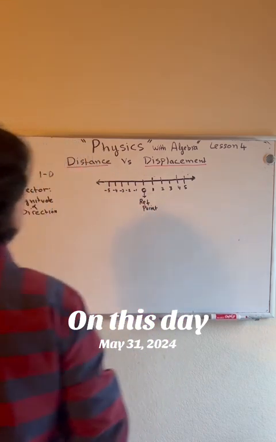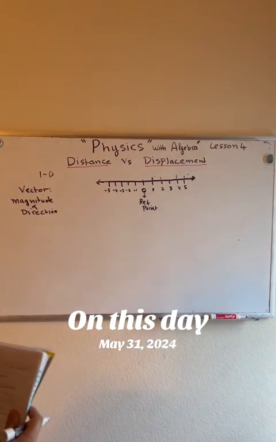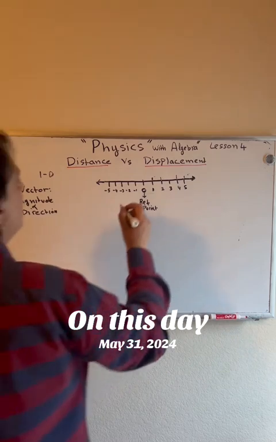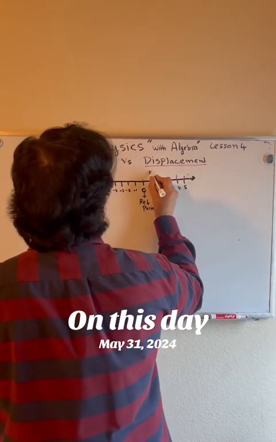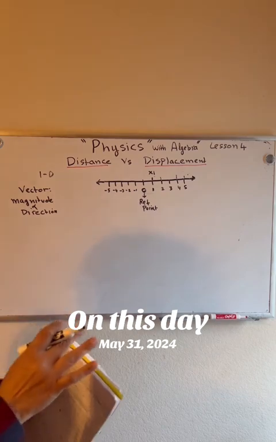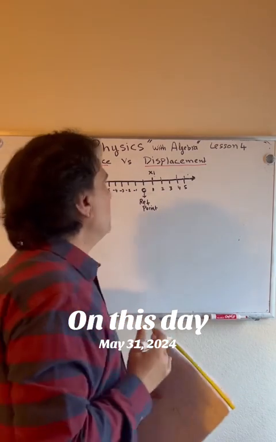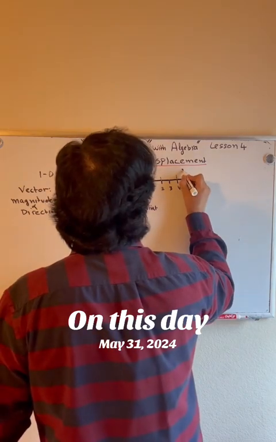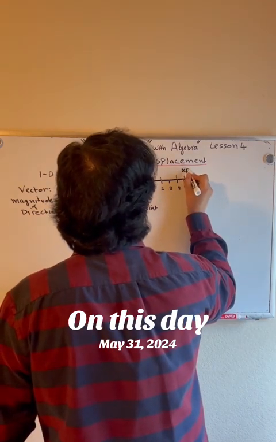So let me ask you this. Let's discuss distance first, okay? So let's say this is your initial point, your home, your school. That's where you're going to start your journey. And your final point is x of f, okay?